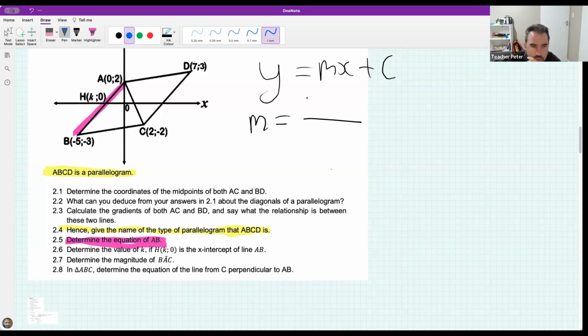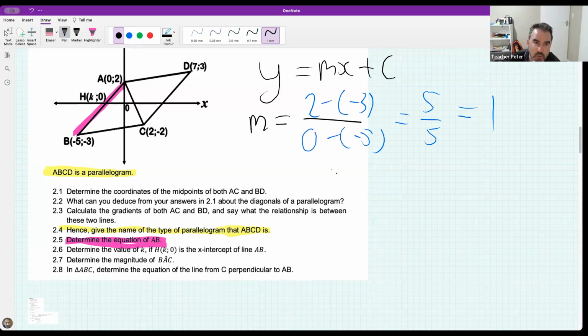So gradient of AB seems to be, so can I ask when I use the formula? Okay, no problem. I'll show you now. I'll use that formula this time. So what Ronnie is asking about is, when do I use this formula and when do I use this formula?